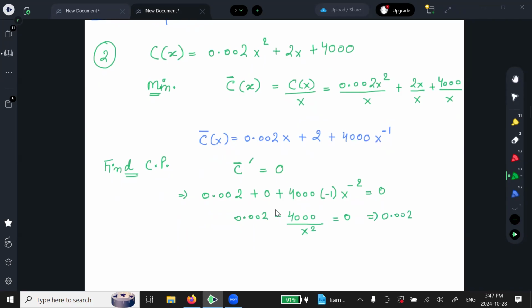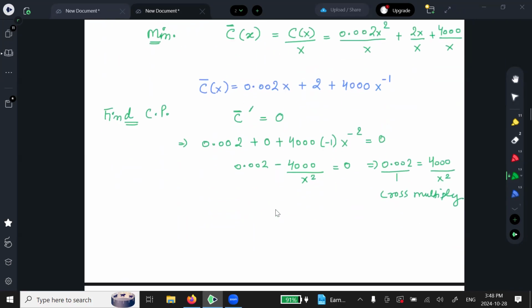I have a similar question in my lecture notes too. Well, you cross multiply. So when I cross multiply, who's going to tell me x squared equals?